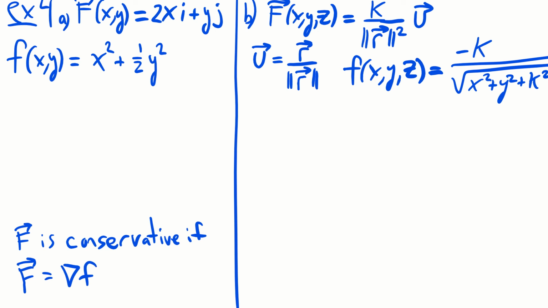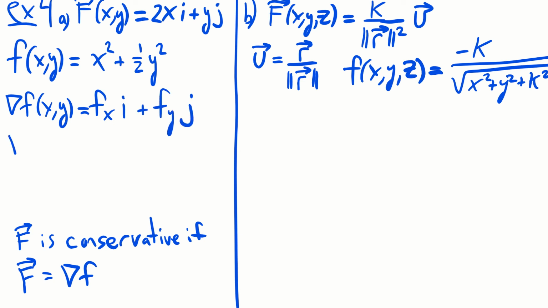Let's check this. If I go ahead and calculate the gradient of little f of x comma y, remember this should be the partial of f with respect to x, i, plus the partial of f with respect to y, j. This is going to be equal to the partial of f with respect to x, which is 2x i, plus the partial of f with respect to y, which would be 1/2 times 2y, which is just y times j.